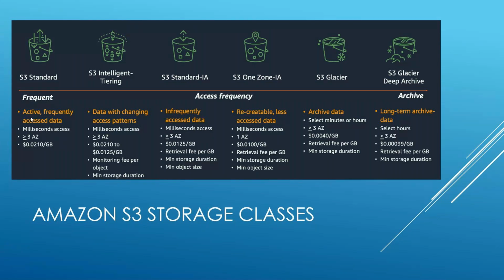It stores data in three availability zones, that is greater than or equal to three availability zones. And the cost is charged like 0.0210 per GB. So this is the cost.